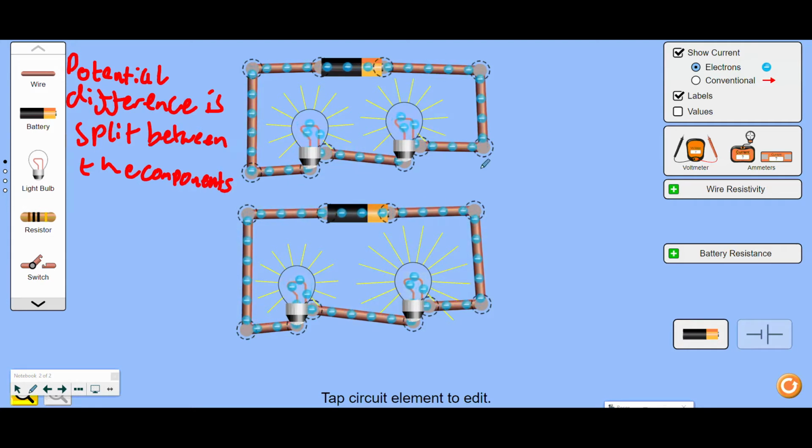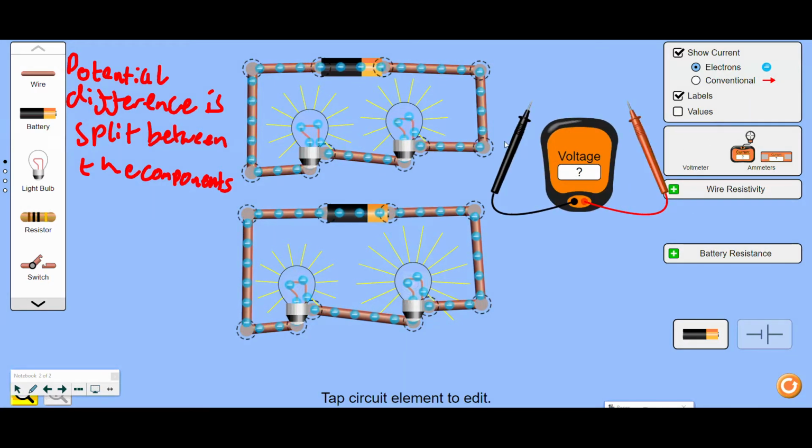What that means is that whatever the potential difference of the total circuit, which is always going to be your cell or your battery, that's going to be divided between the components that we've got, in this case, the bulbs.